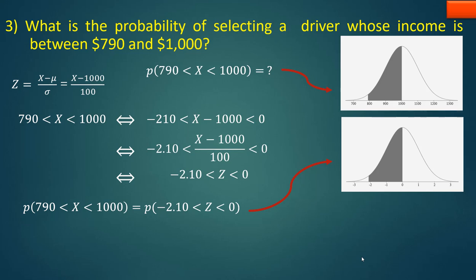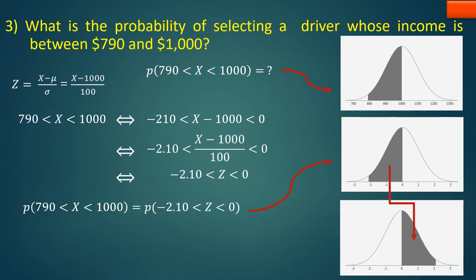Now, since minus 2.10 is a negative value and we have a table showing only the probabilities for positive values, we need to express this probability in terms of positive values. Instead of minus 2.10, I need to find an expression of this probability using the value of 2.10. Fortunately, we can see that this area is the same as the area between 0 and 2.10.